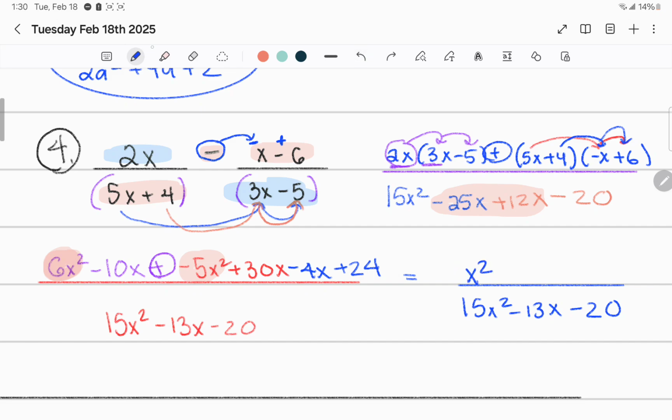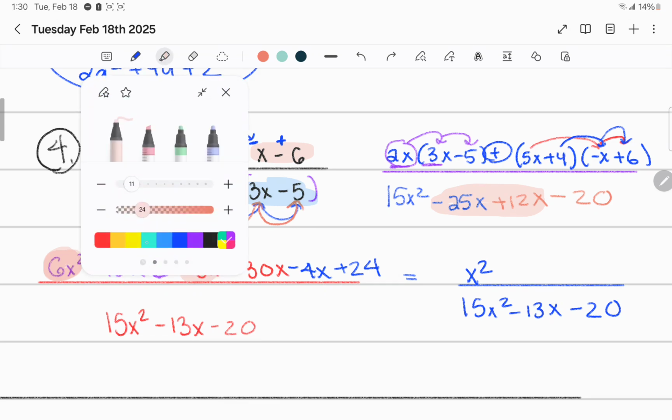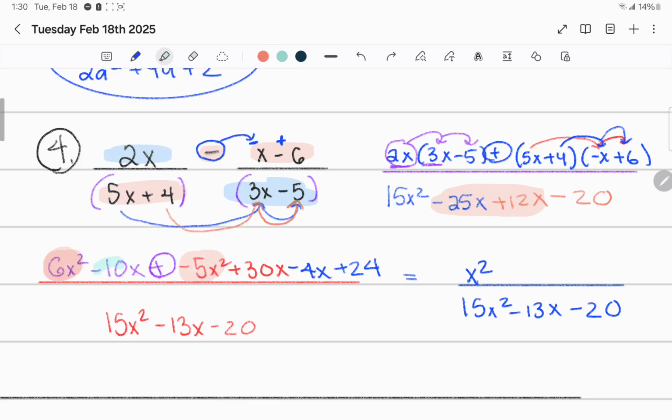Next, everything with just x. So we've got negative 10x, 30x, and negative 4x. So that would be negative 10 plus 30, that's 20. 20 minus 4 is positive 16x.